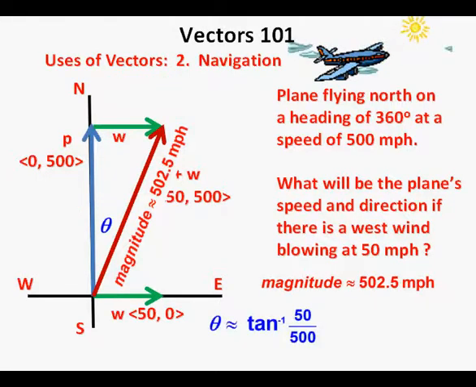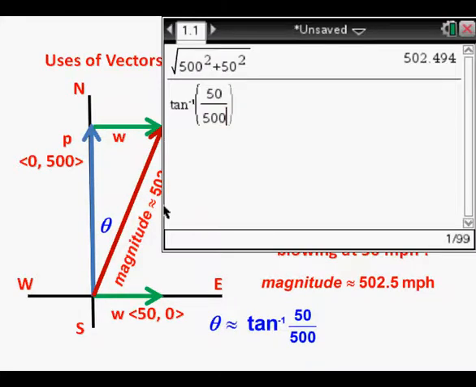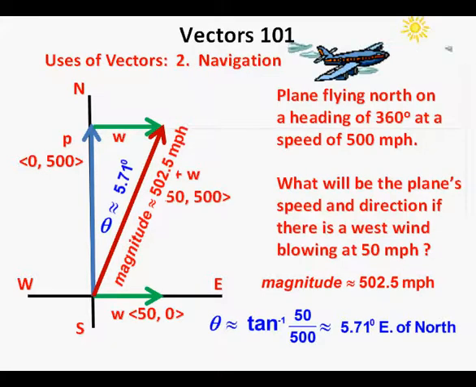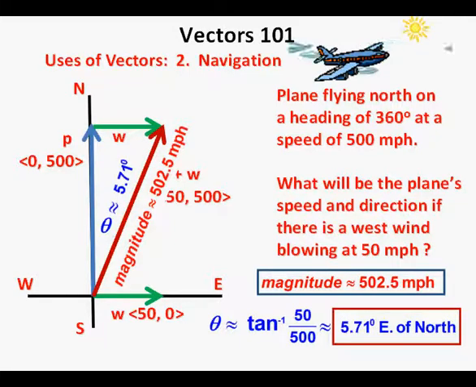And using the tangent ratio and the inverse tangent relation, we get theta equals the inverse tangent of 50 over 500. And here it is entered into the calculator. We press enter and get an angle of approximately 5.71 degrees. And finally we describe the angle in terms of direction, and that's east of north. And we box in our answers as correct.